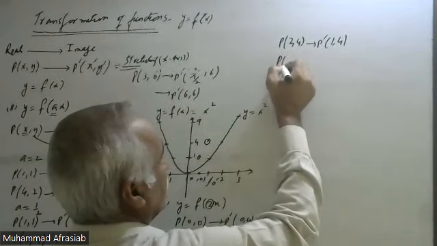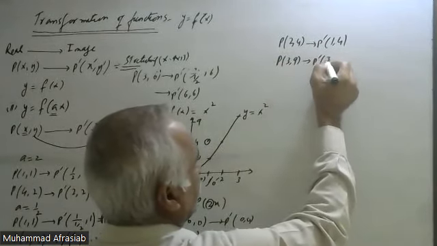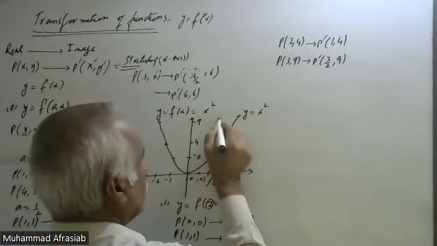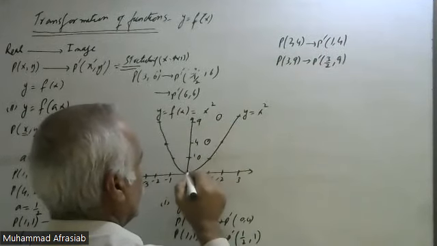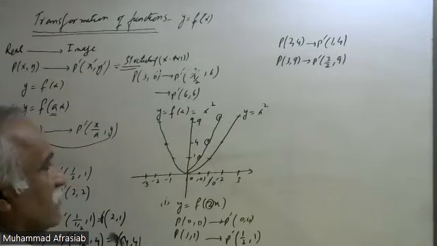Then for 3 and 9, this will become 3 by 2 and 9. So this is the graph for the right side of the solution here.